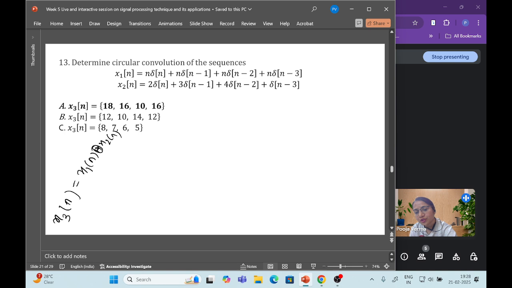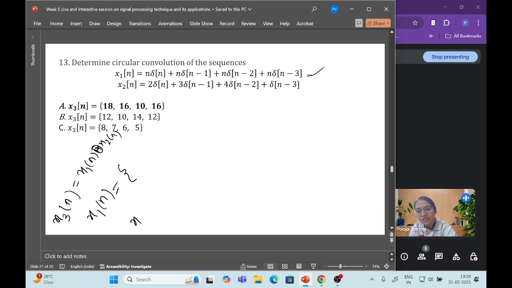So how can we find out what the x1 of n sequence will be? Can you tell me what the sequence will be? From here we can get all four values of n.